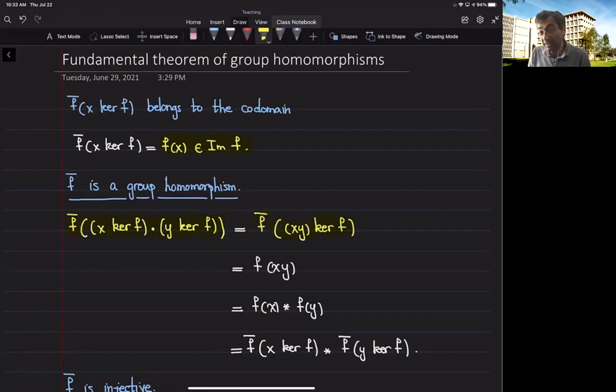But the way that we defined F bar is that F bar of a coset is equal to F of a coset representative. So this is the same as F of xy, and xy is a coset representative of this coset.